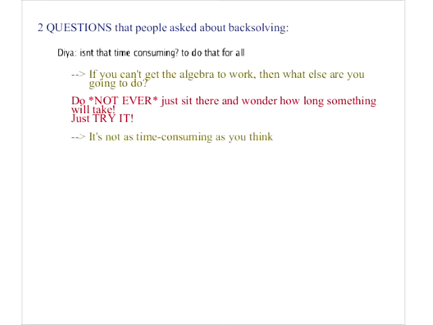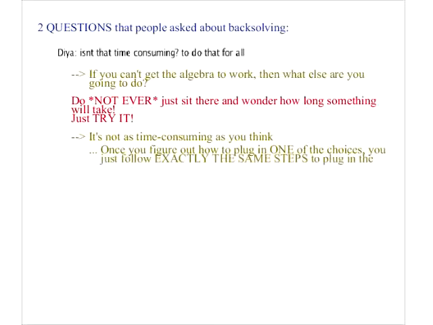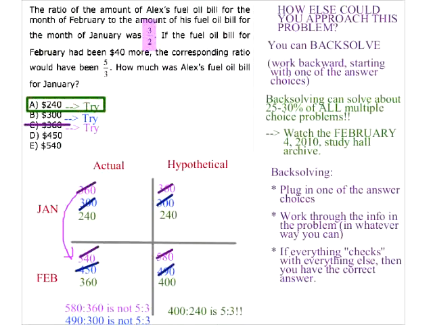Because once you figure out how to plug in one of the choices, you just follow exactly the same steps to plug in the others. So it might take you a little bit of time to figure out how to do the first back solve, but once you figure that out, the other ones are very fast because it's exactly the same process.